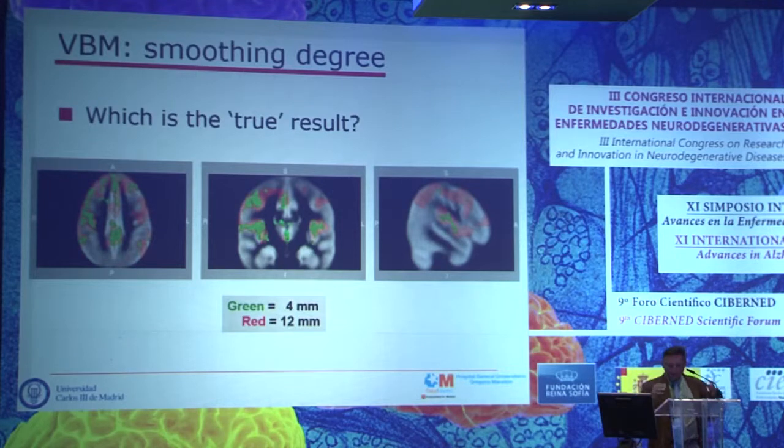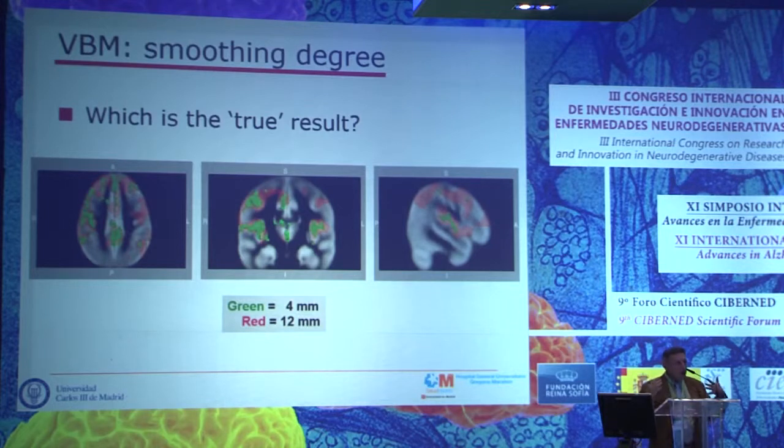So we are studying the comparative volumes of different structures in the brain, and depending on the amount of smoothing I apply in the pre-processing, I can obtain either the green regions you see there or the red ones, depending on whether I apply 4 millimeters of smoothing or 12 millimeters of smoothing. Both numbers are within the limits usually employed in literature. So I could use either 4 or 12, or of course any value in the middle, and it's perfectly okay.